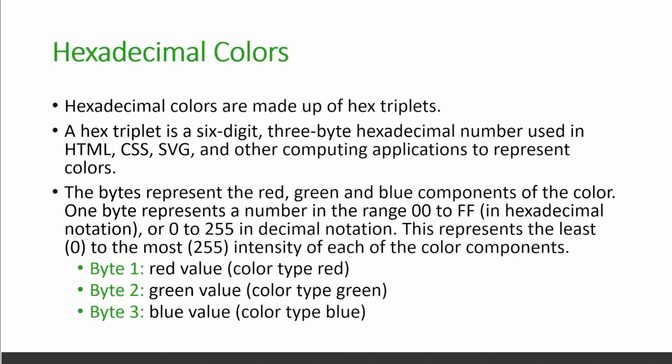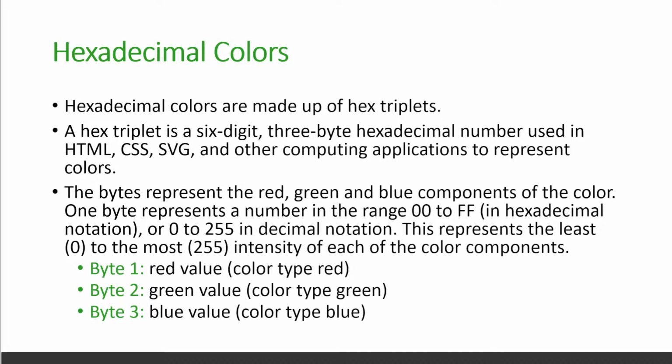But what we want to do is, when we see a number that's represented in hex, we want to be able to comprehend what that is and how to deal with it. Now, it's 3 pairs, or 3 sets of 2 characters. The first 2 characters are the red value.